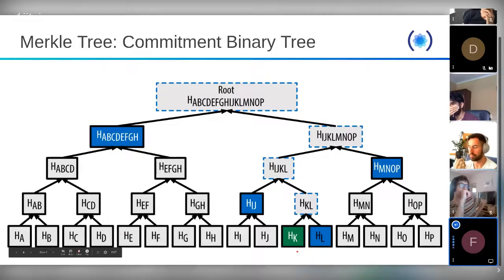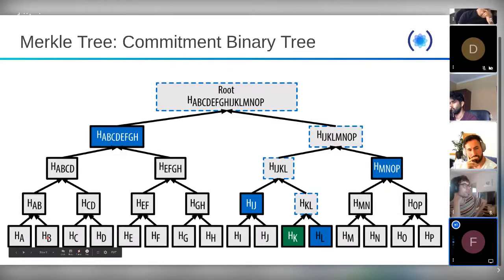Okay, sorry, let me restart the explanation. How to calculate this hash first? All the data that I'm committing to is A, B, C, D up to P. I'm just going to hash every single item of data, which gives me HA, HB, HC, HD, etc. And I concatenate the hashes.